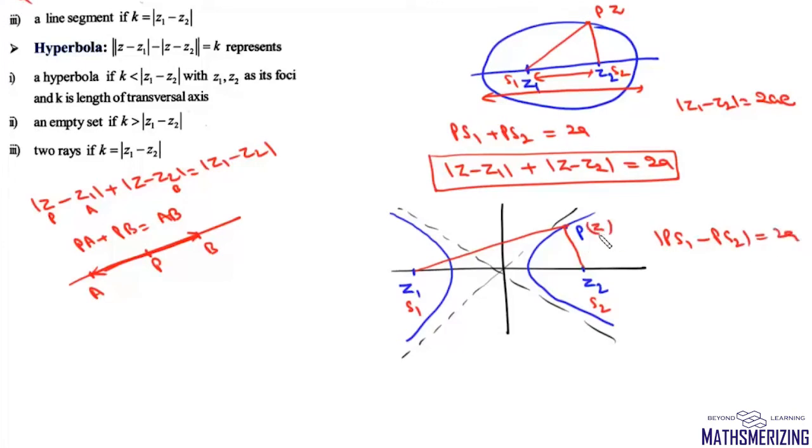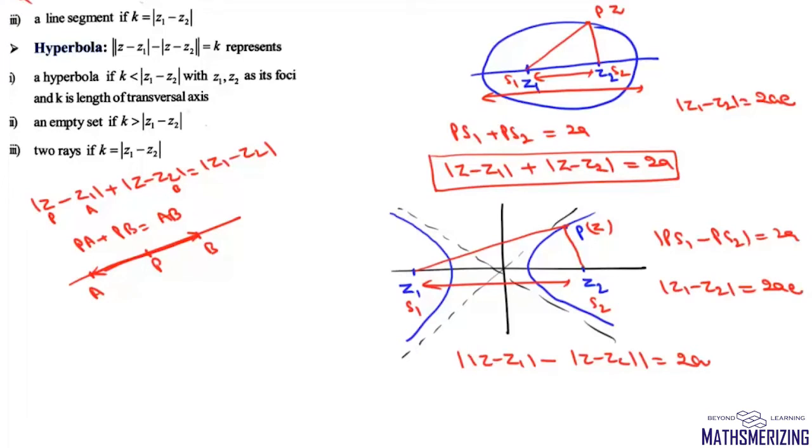Now PS1 is nothing but the distance of P from S1, so it will be mod of Z minus Z1, minus PS2, which is mod of Z minus Z2, and it must be equal to 2a. Again, for the hyperbola, the distance between the foci, mod of Z1 minus Z2, is 2ae.